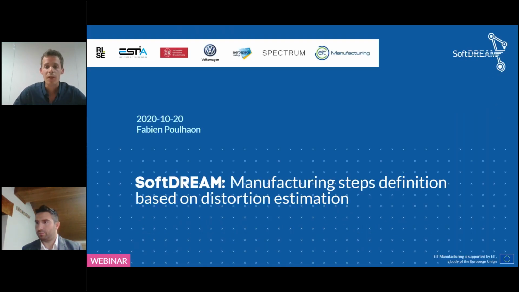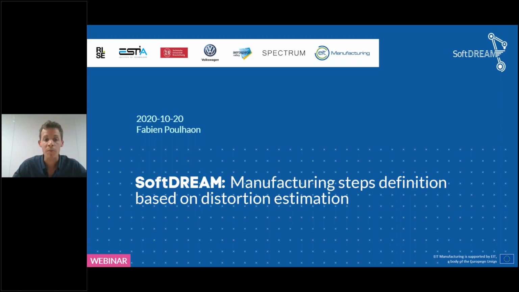The last part of this webinar will now be dedicated to the definition of manufacturing steps using distortion estimation. So how the distortion model can help choosing the right order in the manufacturing steps that are done.